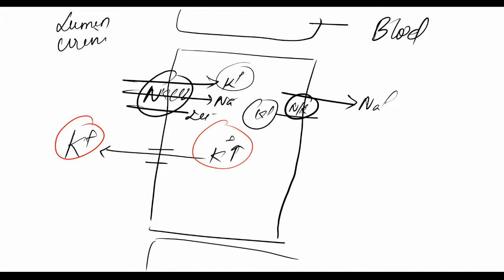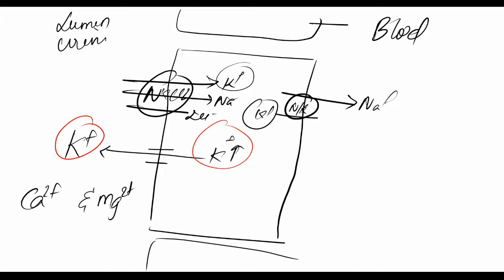But the problem is here we are also having other ions like calcium and magnesium. To balance the positive charge that is coming along with potassium, the potassium here is moving against the concentration gradient, not the charge gradient, not the electric potential.